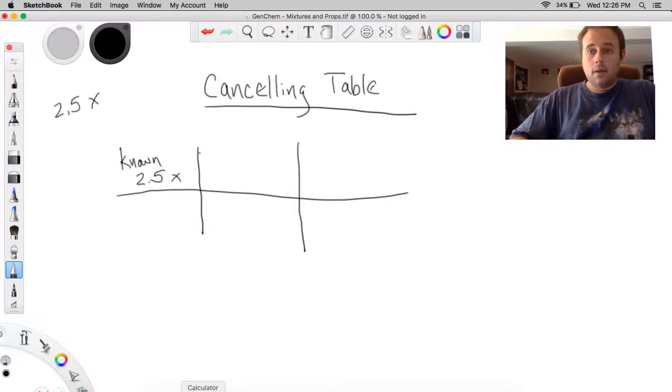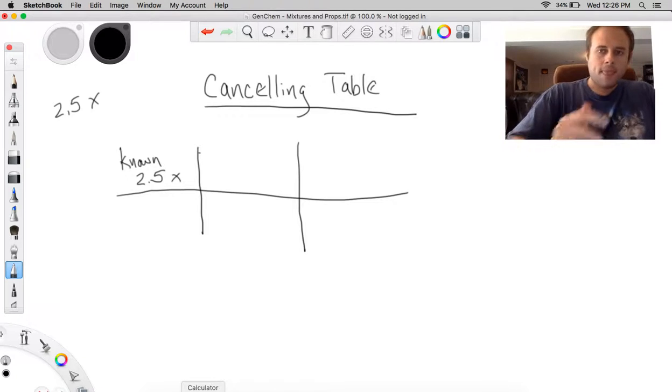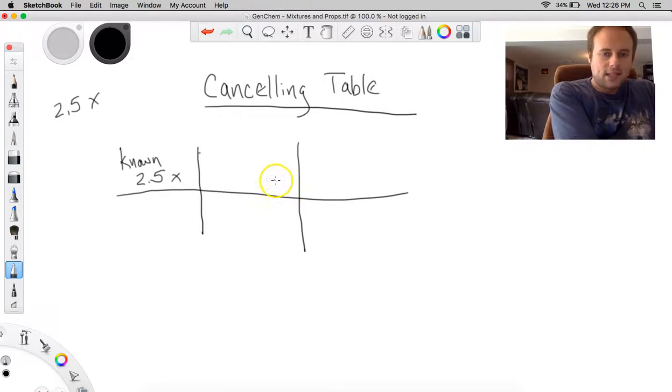Now, the goal here usually is that I want to convert x into something else. Now, I may want to keep the base unit, so I may want to convert milligrams into grams or something like that. Or I may want to change the base unit. I may want to turn centimeters into inches, something completely different, and toss the meters out, right? So whatever that happens to be, we'll go ahead and we'll call that y.